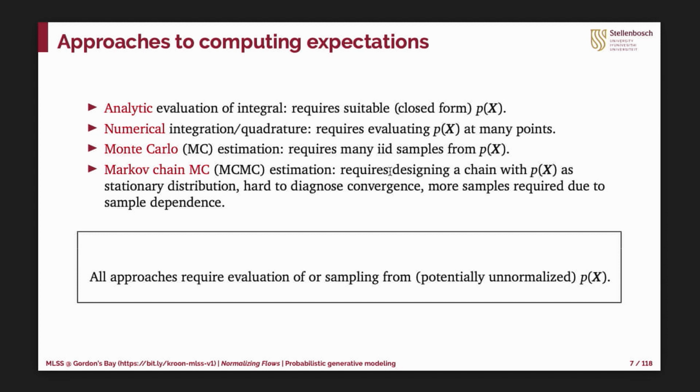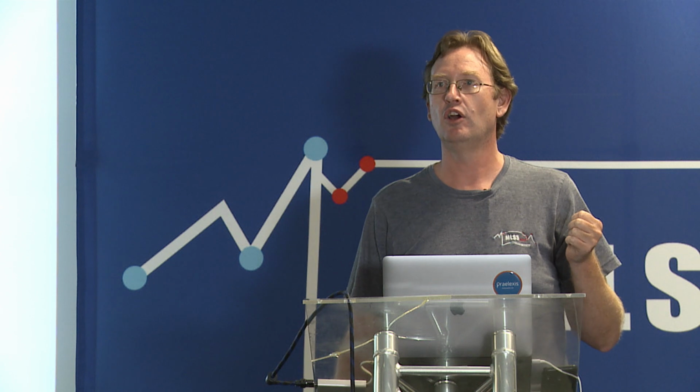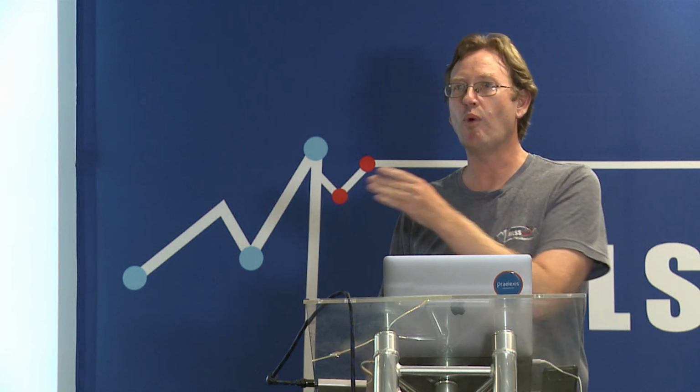But when it comes down to it, all of these approaches at some point need us to be able to evaluate p of x or sample from p of x, maybe from a version of p of x where it is not normalized. In other words, if we integrate p of x as a density or as a function, we may not get 1.